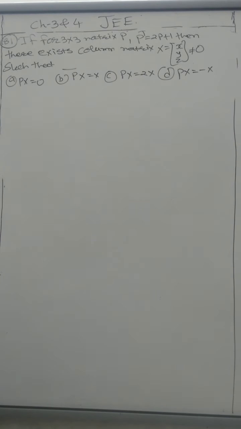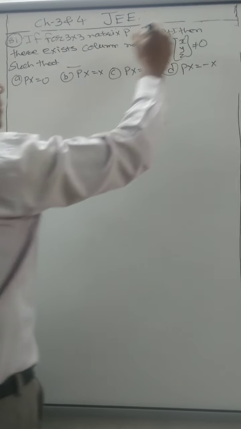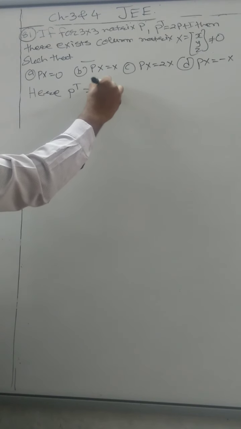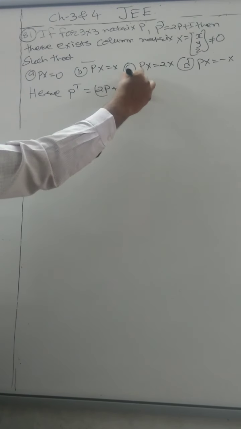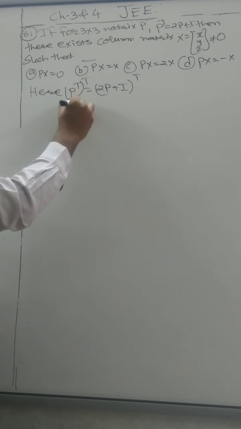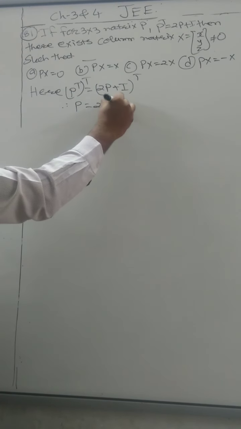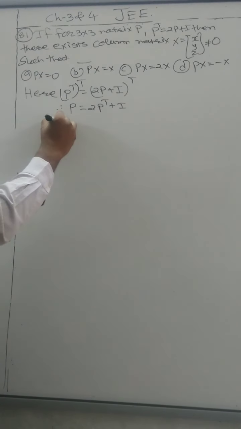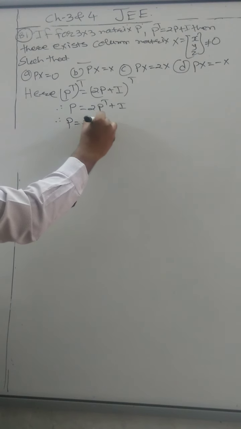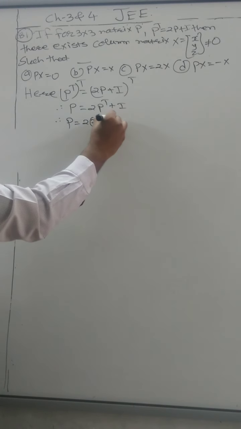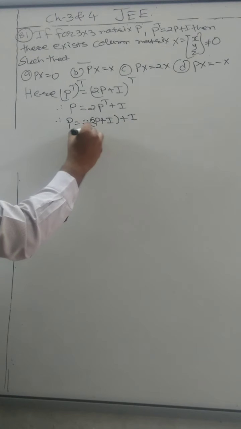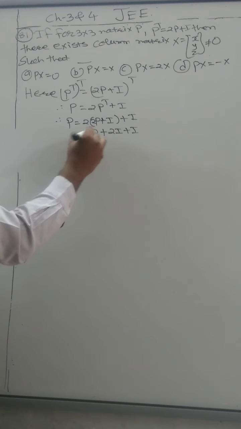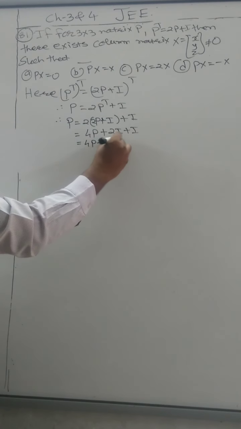Here Pᵀ is equal to 2P + I. We take the transpose of both sides, then we get P equal to 2Pᵀ + I. Now Pᵀ's value is 2P + I. Therefore we can say 2(2P + I) + I, which is 4P + 2I + I, which is 4P + 3I.